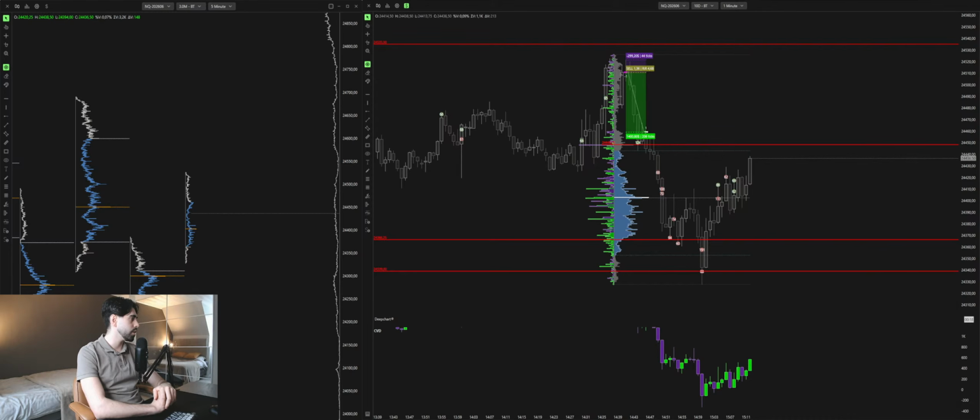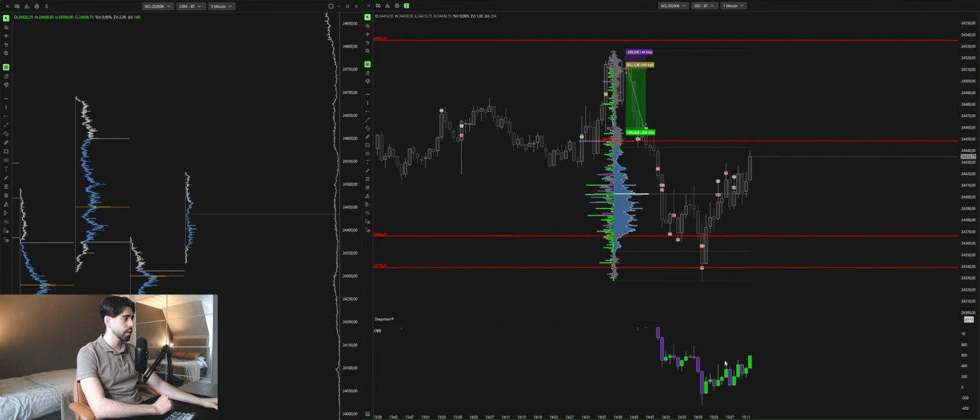Okay, but look at this. Price moved higher. CVD had a problem going up. However, if price managed to move higher this much with this choppiness, I think sellers are losing control, not buyers.